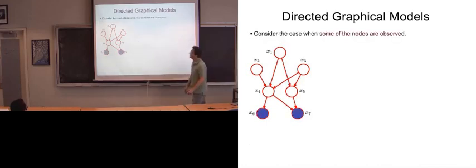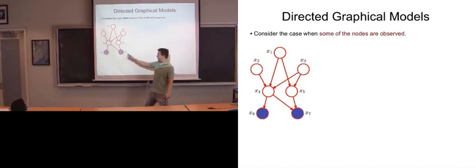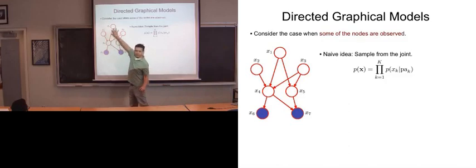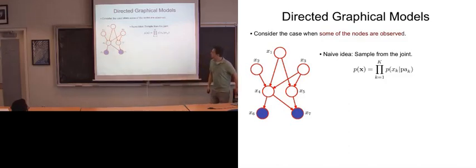But remember, when we've looked at directed graphical models, most of the times we're going to be solving the problem where some of the nodes are observed. So let's say this is your data. You get to observe the data, and you want to infer the posterior distribution over the latent variables. Right? So here's one naive idea how we can do that.